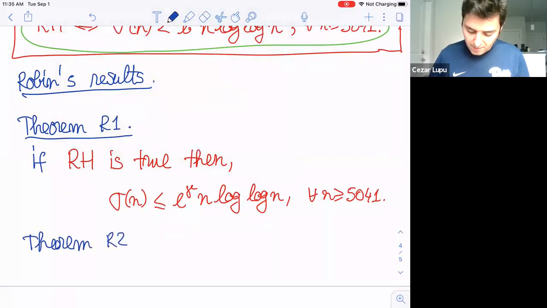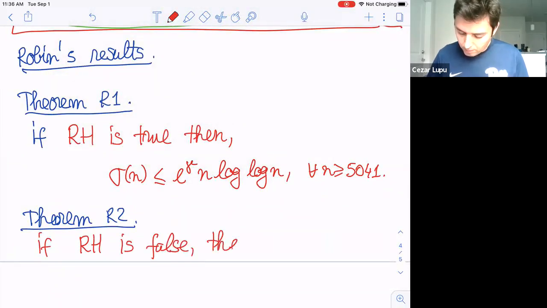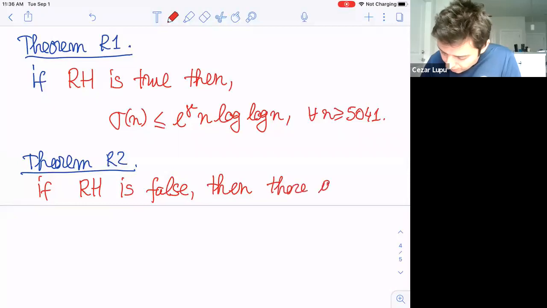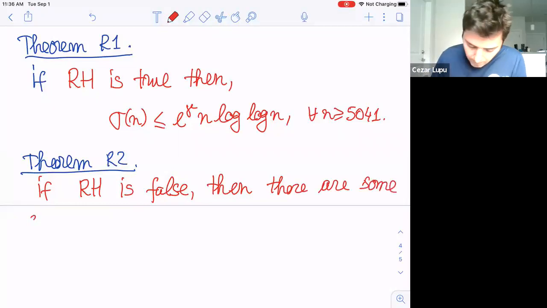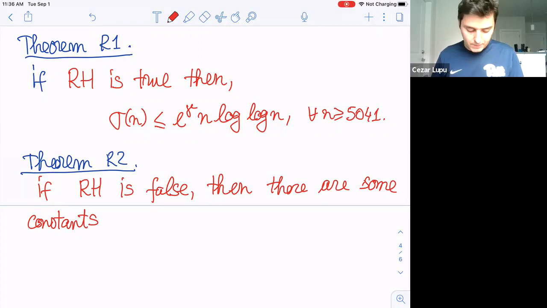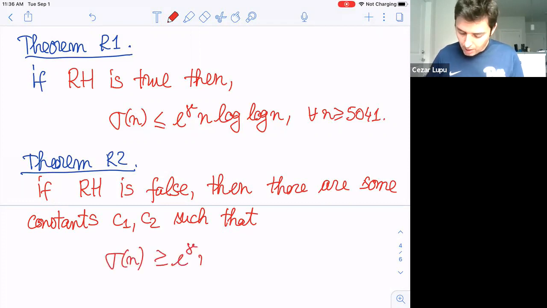But now another theorem that he proved, which is again pretty amazing, R2: if the Riemann hypothesis is false, then there are some constants, let's say C1 and C2, such that sigma of n will be greater or equal than e to the gamma n log n, right?